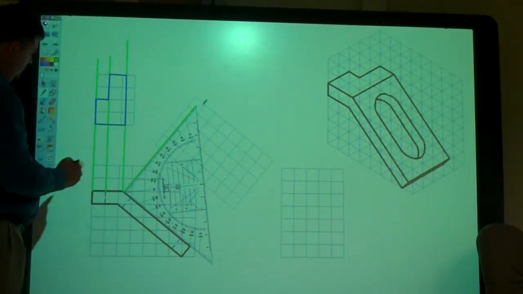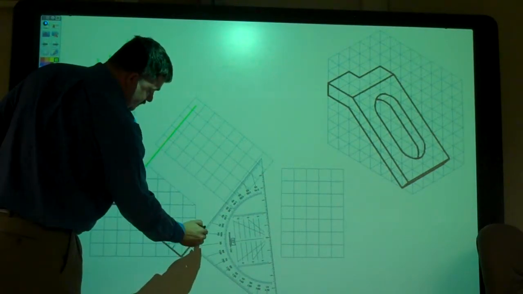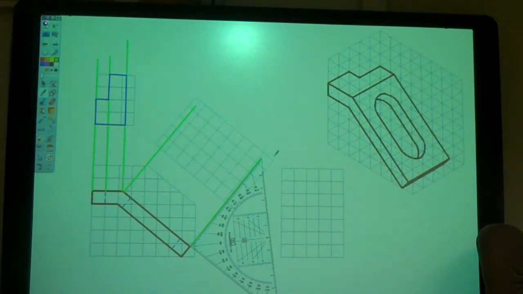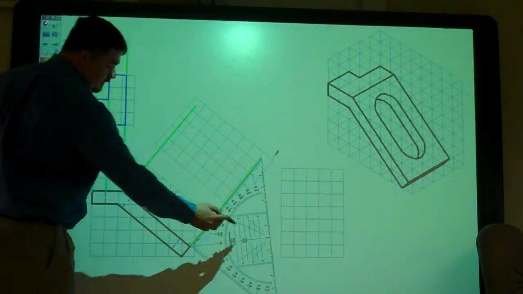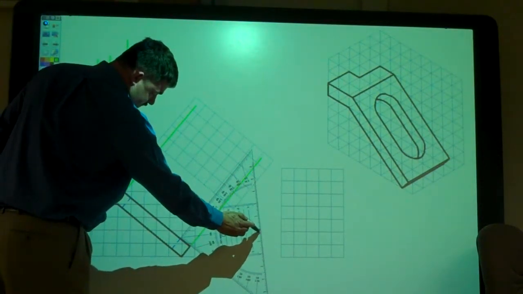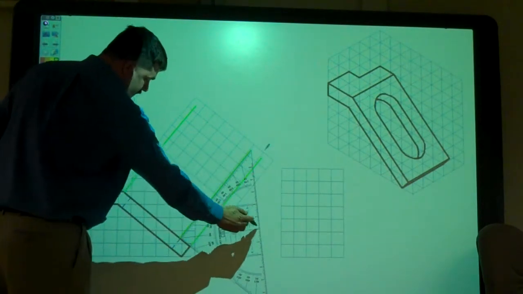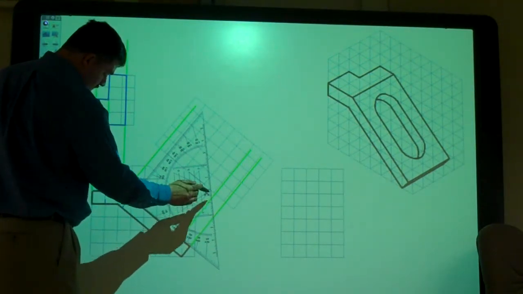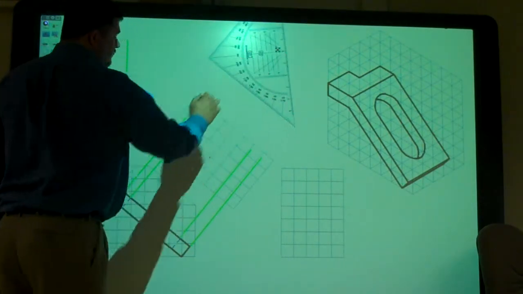Bring it up. Move my triangle down to that corner. It's not going on the lines. Go to that corner, bring it up. Or those two inside lines.